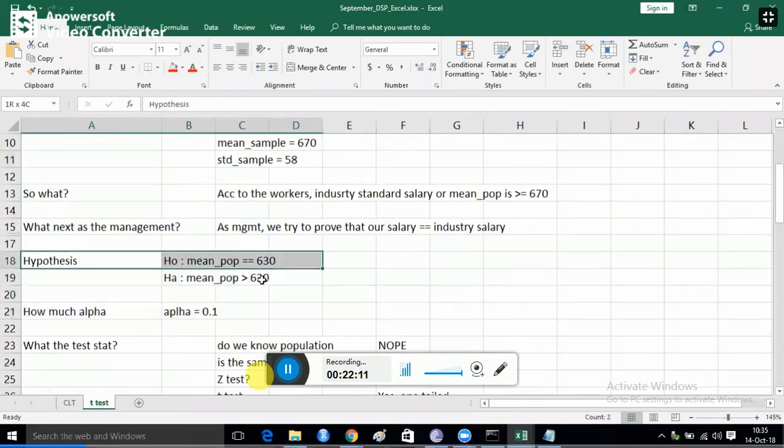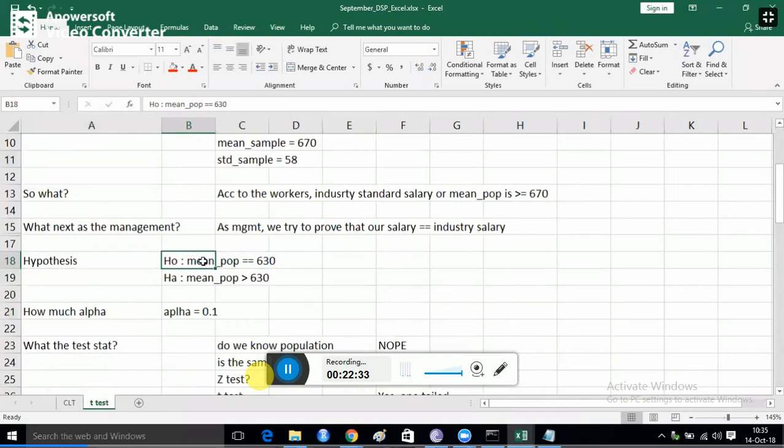Now, if you ask why are we checking with 630 here? We are checking with 630 because we are saying that whatever salary we are giving, 630, is equal to whatever population mean we have. We don't know the population mean yet, right? This is the entire meaning of t-test. We don't have the population information, right?